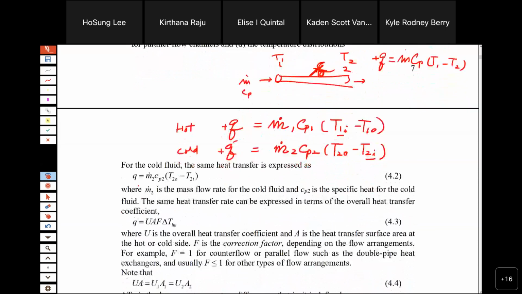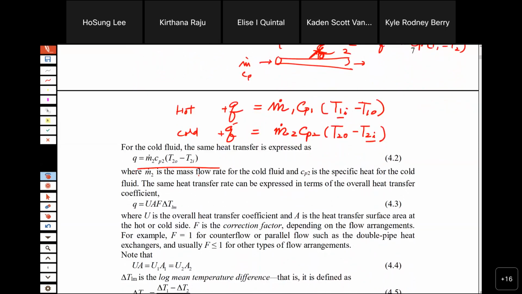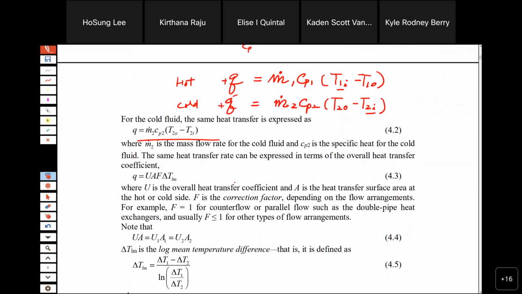So that's the equation we have here, and we will discuss more, because we have one more equation, overall. 1, 2, 3, overall is again Q, and now we will discuss UA.